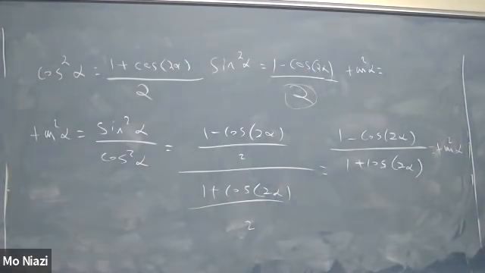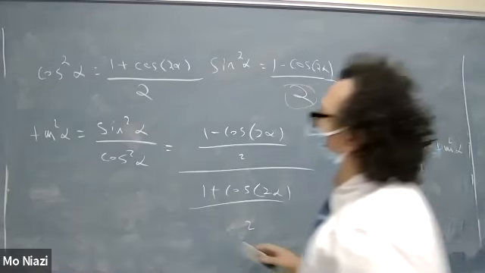So let's apply this. Let's write 8 sine to the 4th x in terms of trigonometric expressions of power 1.